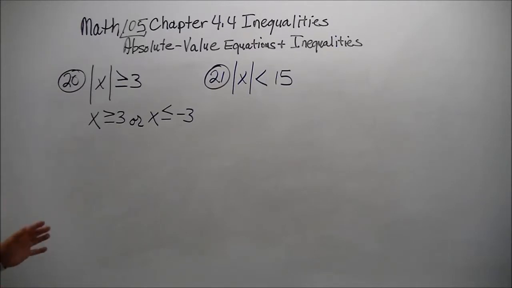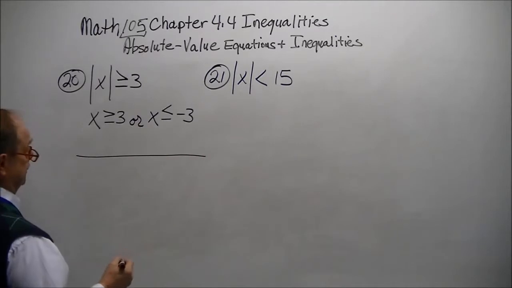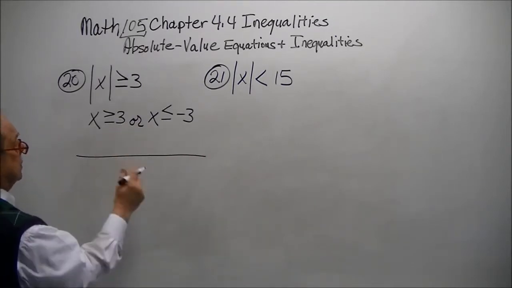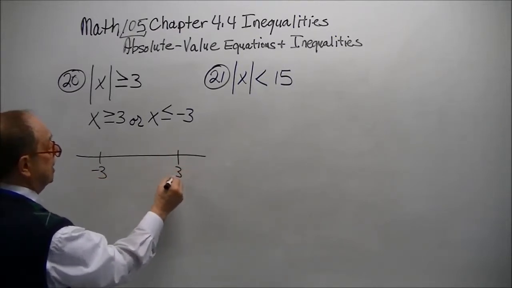So again, you're looking for a strategy to do this. So now there's our graph. The numbers we're looking for are a negative 3 and a positive 3.